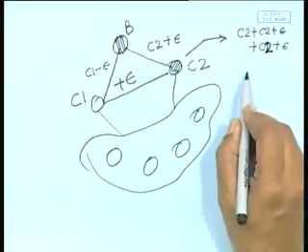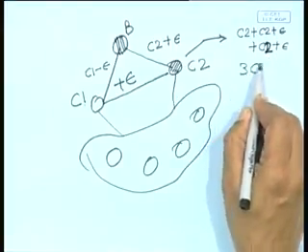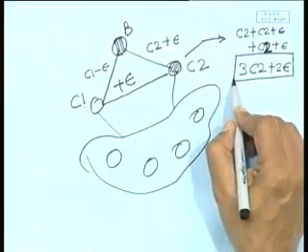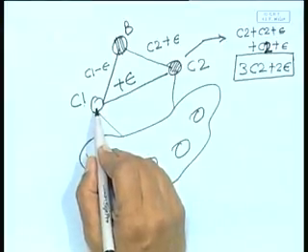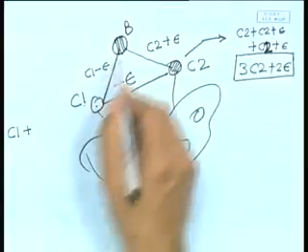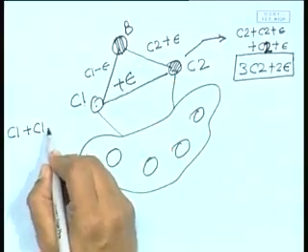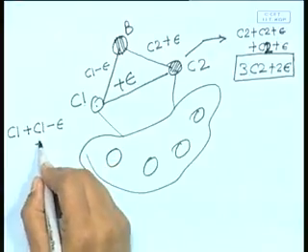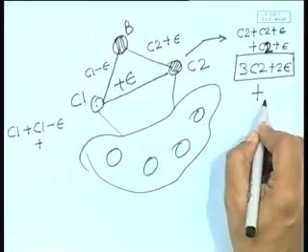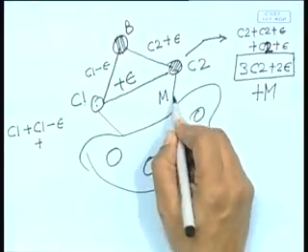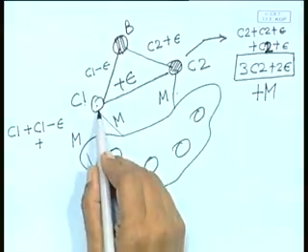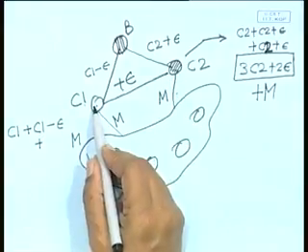So, this will be 3 C2 plus 2 epsilon in this situation. Now, what about this one? Its own time is C1, plus it has got C1 minus epsilon here, and whatever time it has received from here, and of course, this will get M from all others, the same M, that we can ignore. But what about this one here?